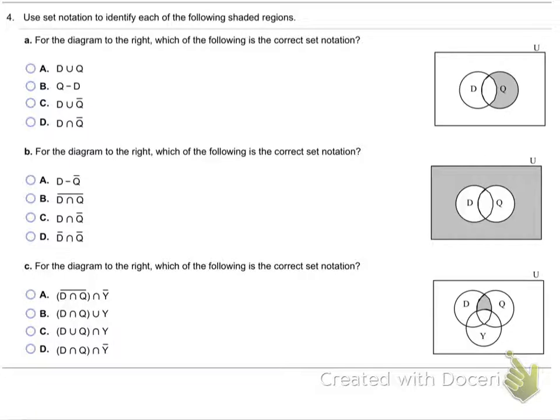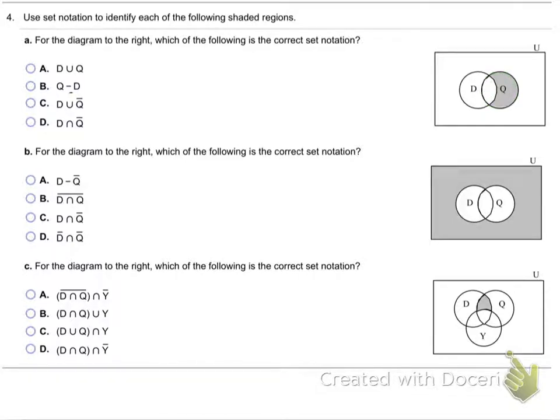So on number 4 here, they're asking us to kind of work backwards. They're giving us the picture, and they want us to work back to the statement. Well, this one's a little tricky. You can tell it's all of circle Q, but it's taken out the D part. See what I'm saying?